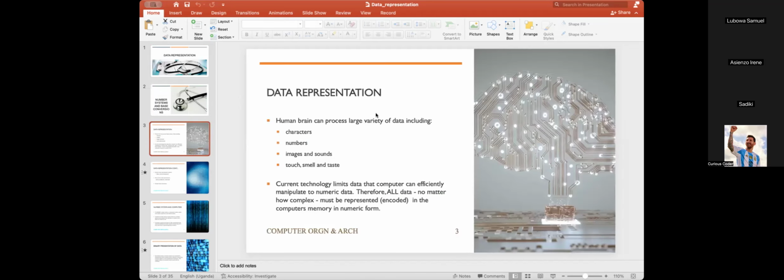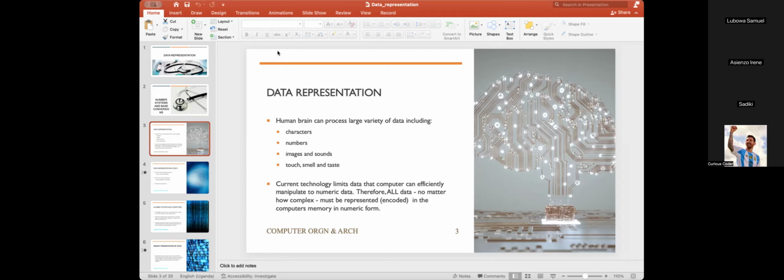I have already talked about how the human brain processes a large variety of data, which can be in the form of characters, numbers, images, sounds, touch, smell, and tastes. Today, computers can manipulate numeric data in various ways, regardless of how complex it might be.